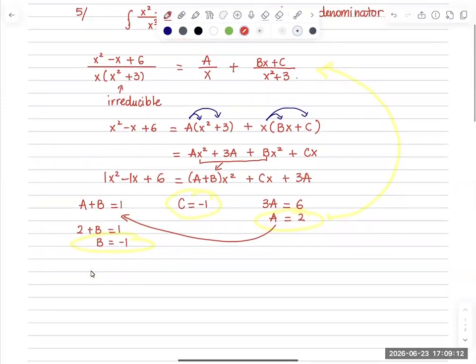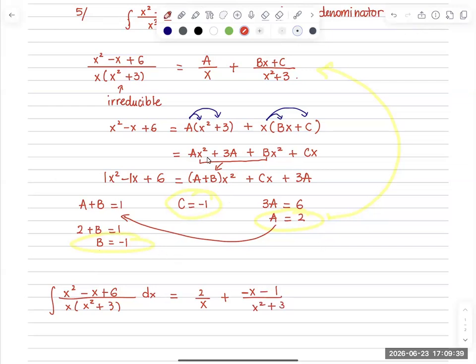So our integral will equal 2 over x plus negative x minus 1 over x squared plus 3.